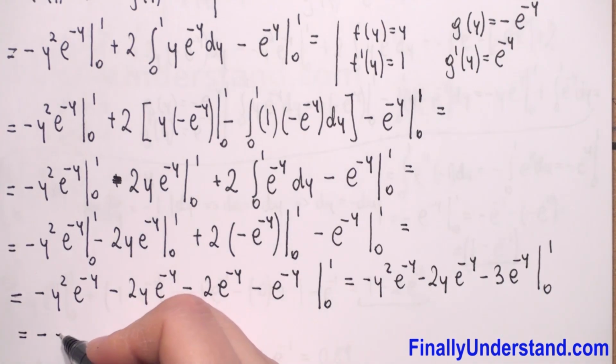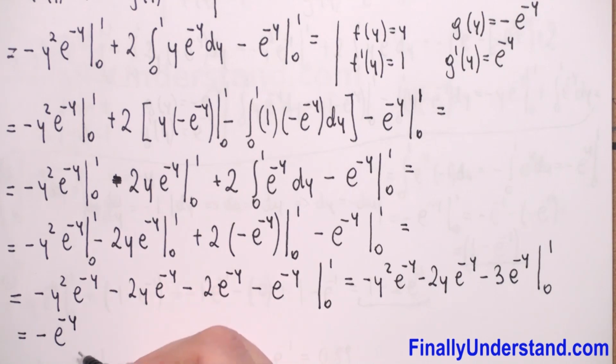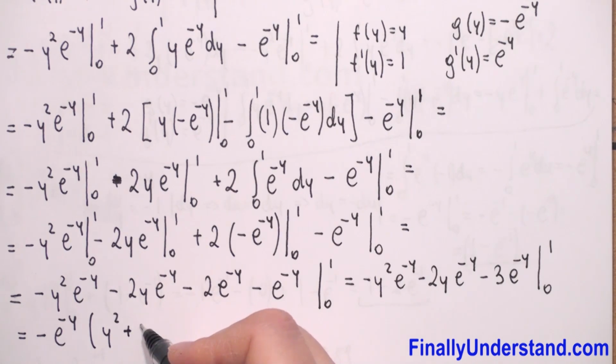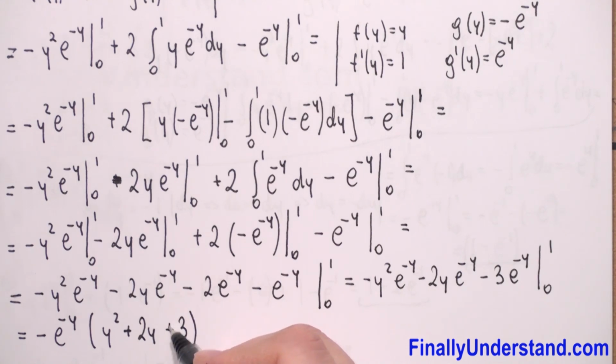Now I can factorize negative e to power negative y, and in parentheses we will have y squared plus 2y minus 3, plus 3 of course, because we factorize the negative sign, and the limits from 0 to 1. So this is equal. Now we have to plug in the upper limit first.